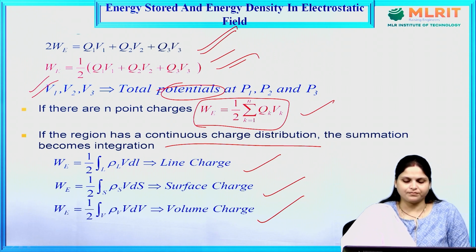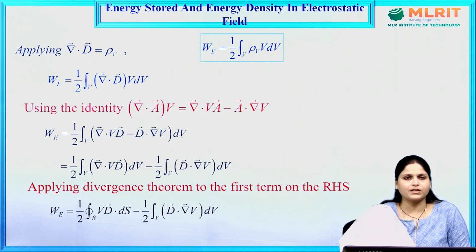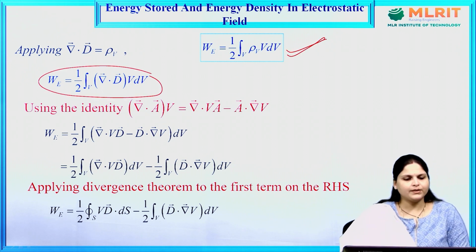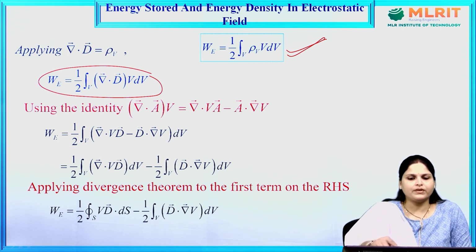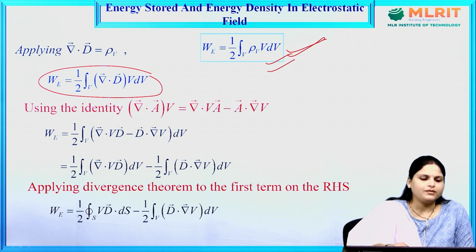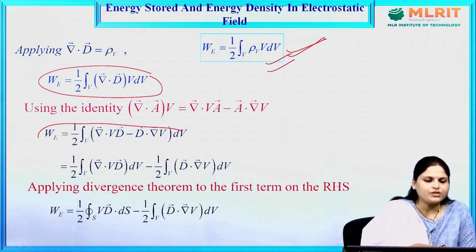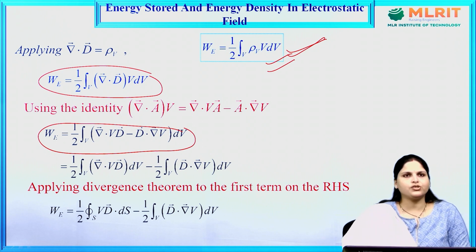Now let us consider this last equation, and here in place of rho V we put the divergence of D, as per Gauss law. So when we put rho V equals divergence of D in this equation, we get WE equals 1 by 2 integration of (divergence of VD minus D dot del V) dV.